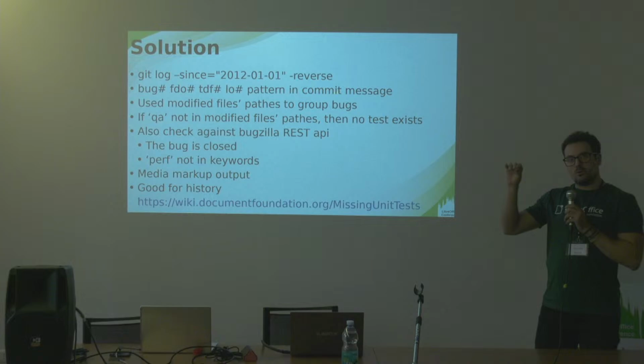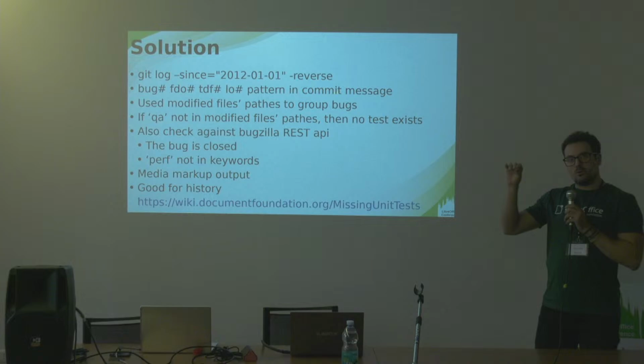So I thought, okay, I'm going to look in every commit at the modified files, and if there is QA in the path of one of the modified files, then I'll assume that there is a unit test for that fix, and if not, then we can assume that there is no unit test for this fix.